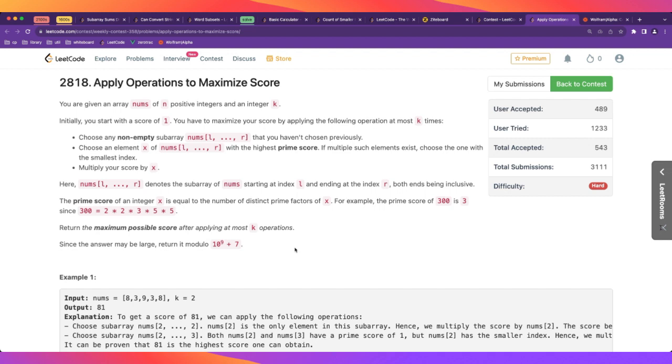Anyways, so I think the crux of this problem is to realize how to maximize the possible score.